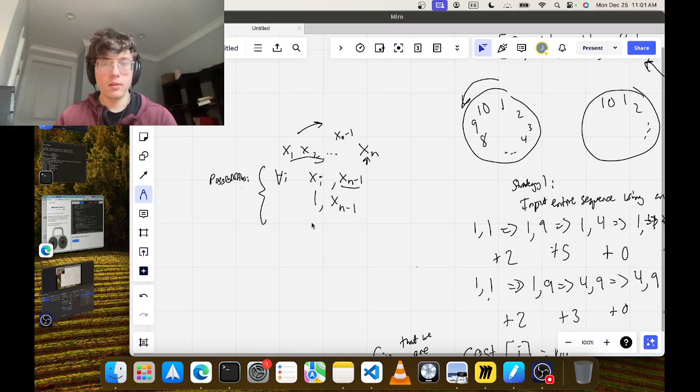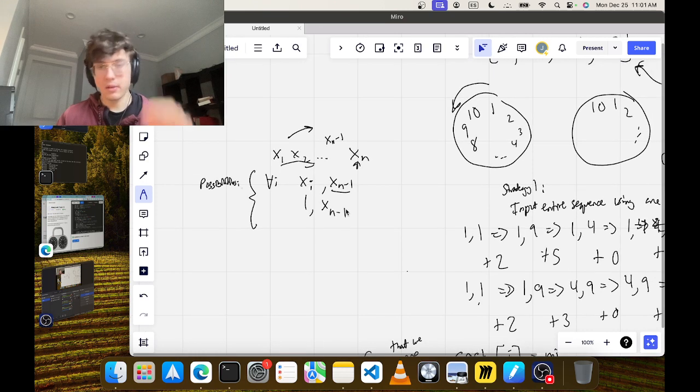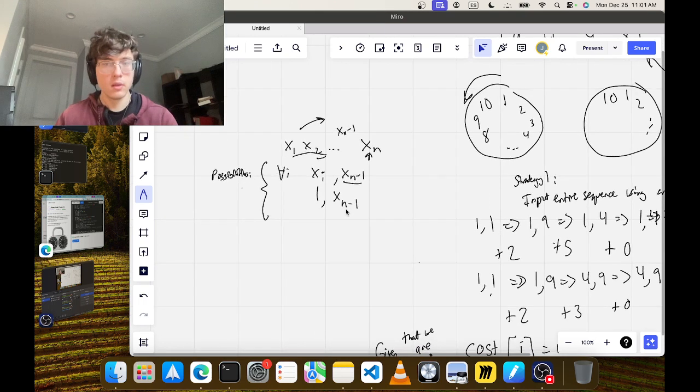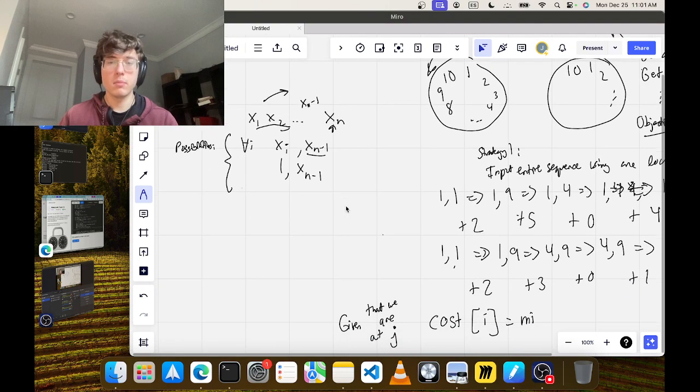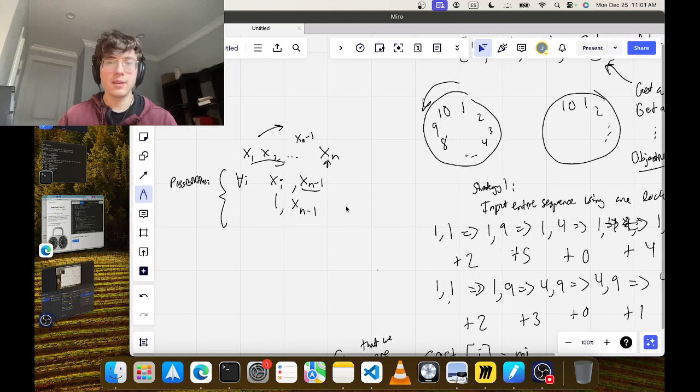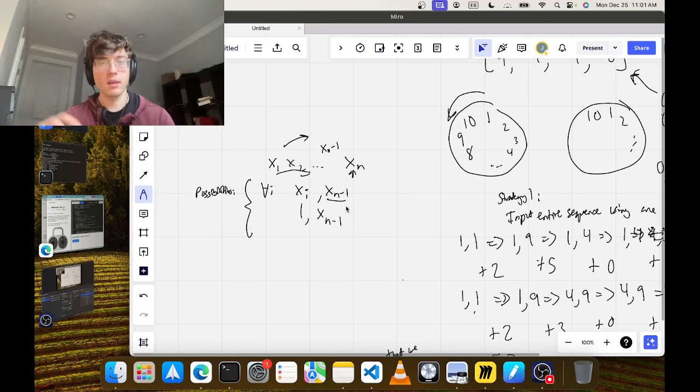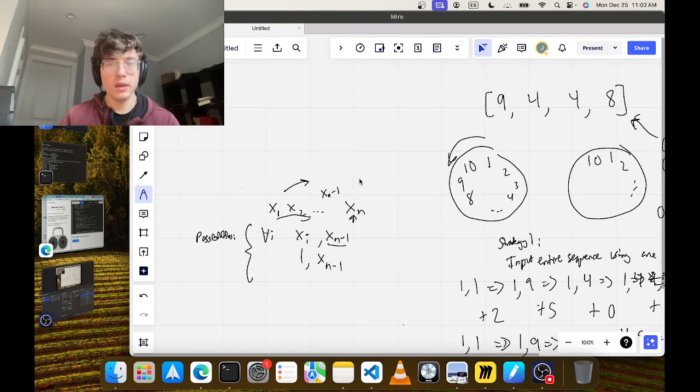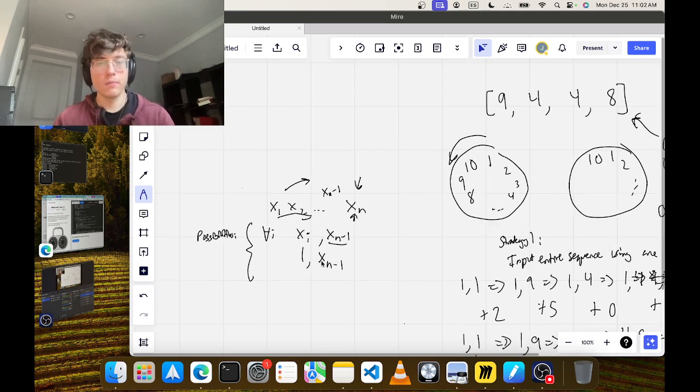Given these possibilities, these are all the possible places we need to look at when trying to find the minimum number of movements to get through the whole sequence, including xn.